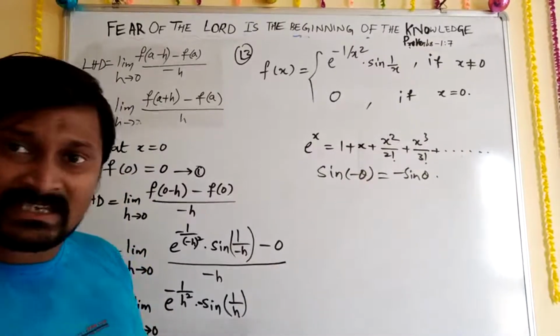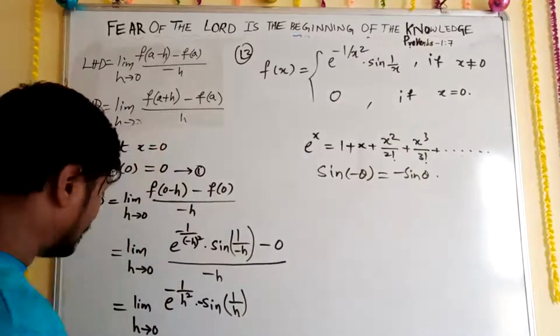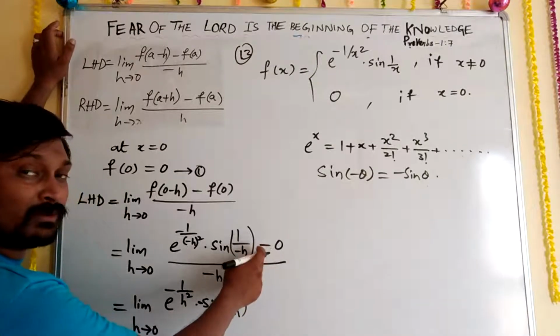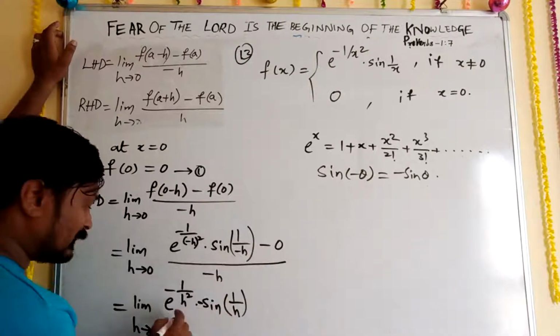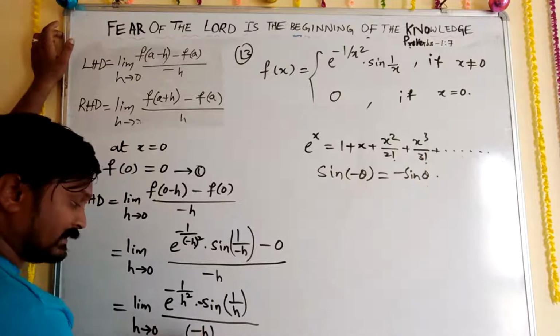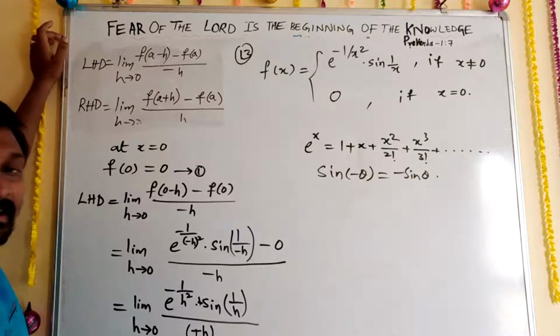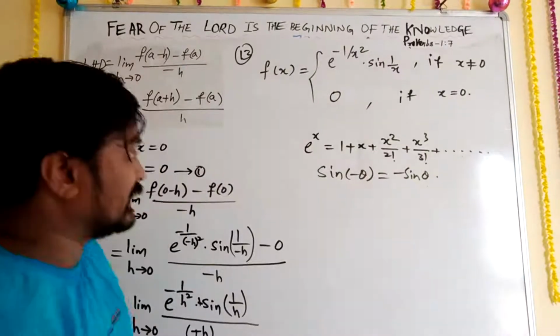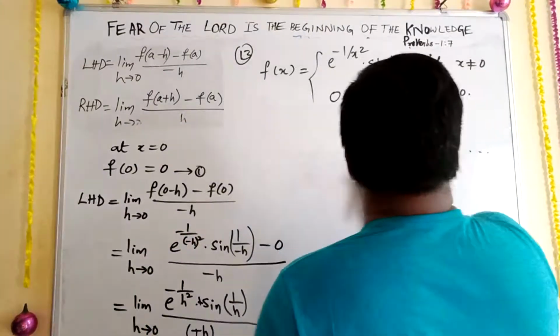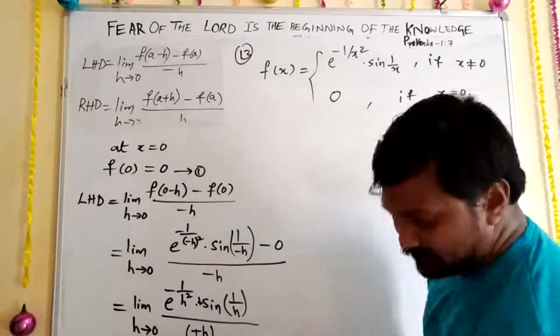You all understanding up to here? Any doubt? I think no doubt up to here. Then after that, if you remove that 0, as it is, we written upon your minus h is there, as it is minus h, right? Minus minus get cancelled. So then what we can write here? If minus minus is cancelled, then what we will write?